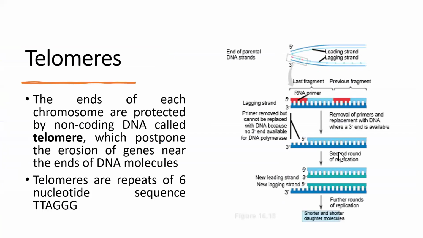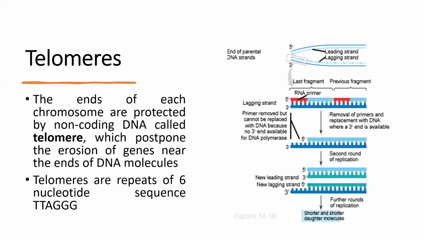So to delay this process, to allow our cells to divide as many times as possible without eating into the actual useful genetic material, we have this special protective sequence that is located at the ends of the chromosome.